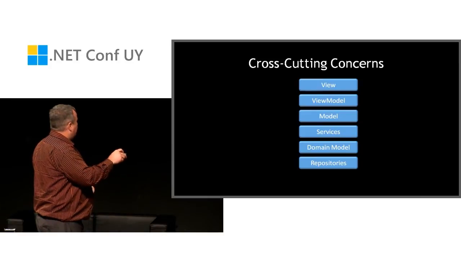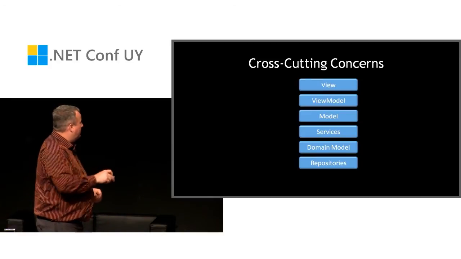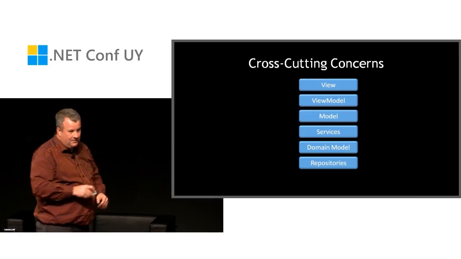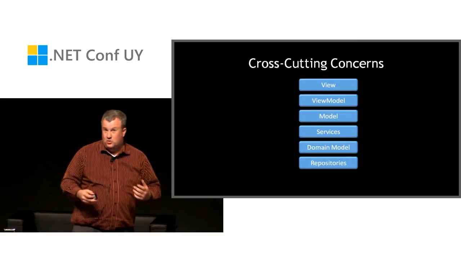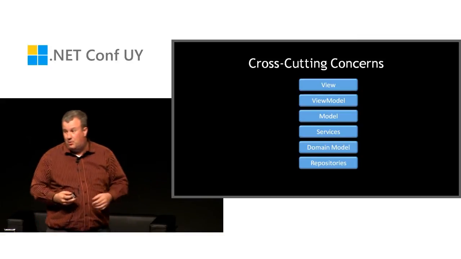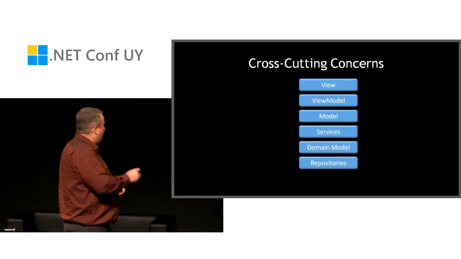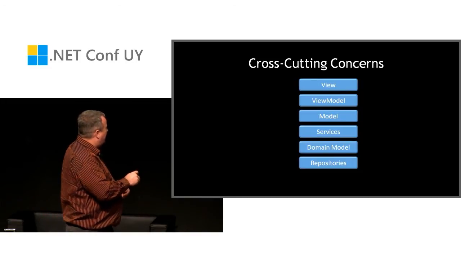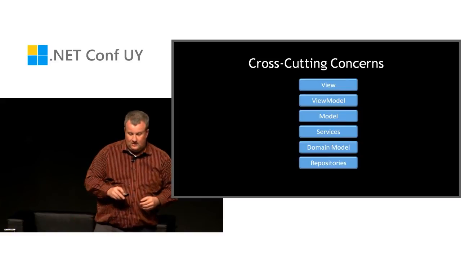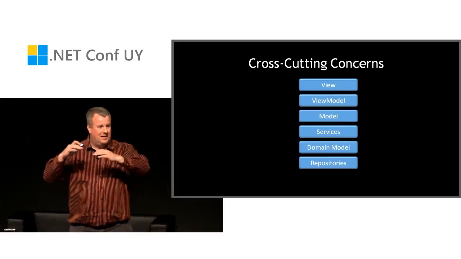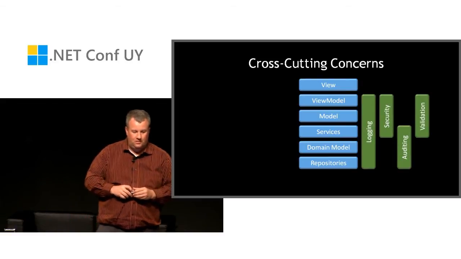We then have some service layer. This may be implemented and exposed through WCF or a RESTful endpoint using Web API or something like that. We have some kind of business logic area and some kind of data access layer. And these are all very nicely segmented, hopefully, in our architecture and our code base.